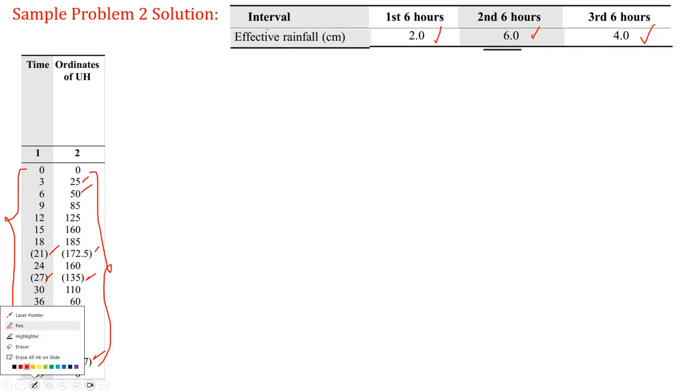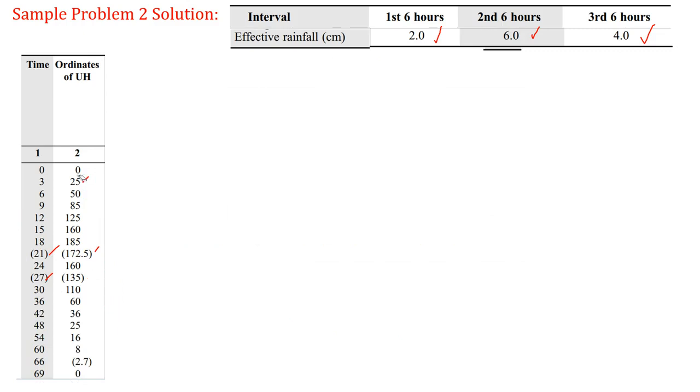So, now meron ka ng ordinates. So, we're now ready to compute for the DRH or yung hydrograph due to this 2 centimeter na effective rainfall. Ito yung naging runoff, ha? So, yung runoff po, yung nagko-contribute for hydrograph. Kaya, itong 2.0, yung i-multiply natin doon sa ordinate.